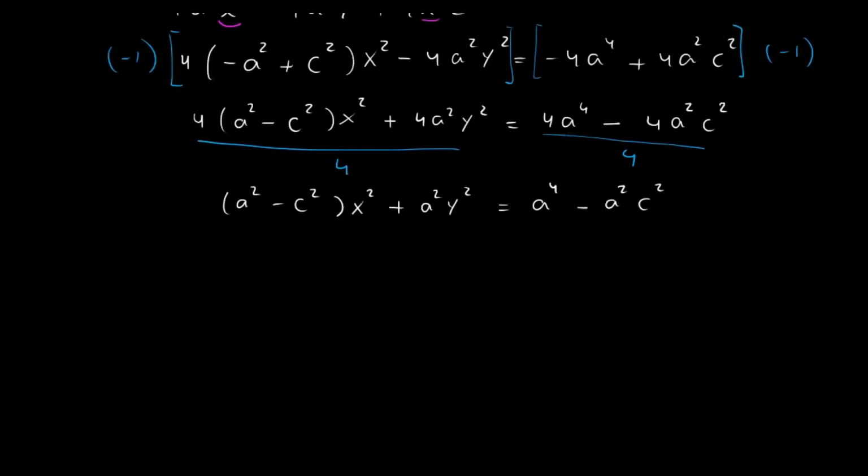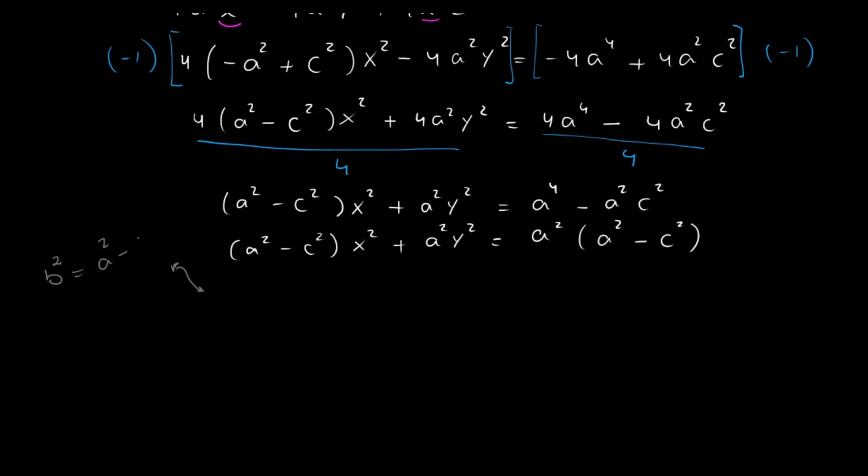And now we're gonna work a bit on the right hand side of the equation. If we take common factor a squared, we get a squared minus c squared. So now we're gonna create a new variable b, and it's gonna be b squared equal to a squared minus c squared.